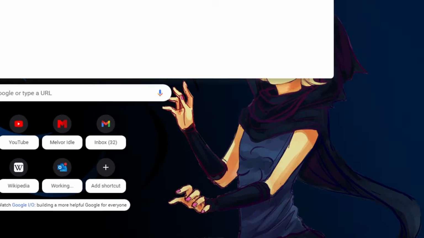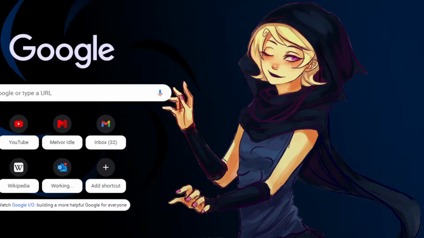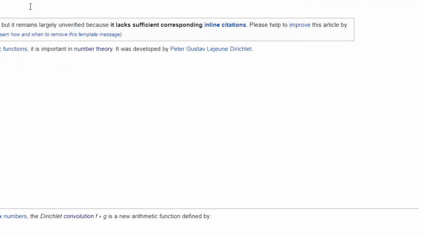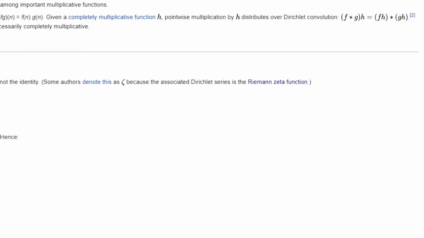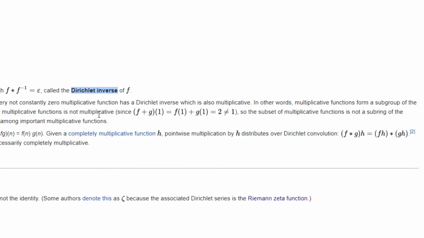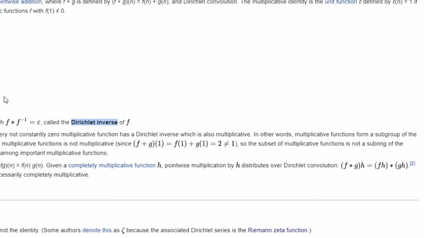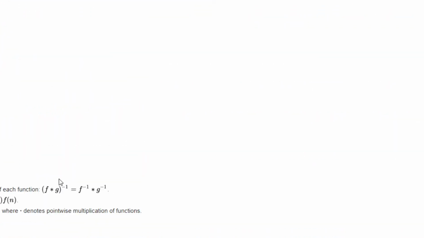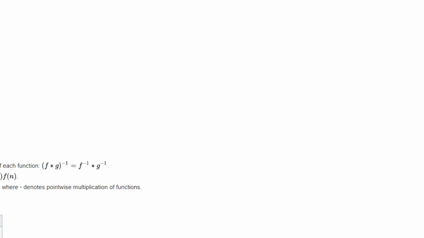Give me a sec. I'm going to go over to Dirichlet product, Dirichlet convolution, and scroll down to Dirichlet inverse. So the way that normally people are calculating this is, here we go, this terrible formula. Let me put this over on the side for you.